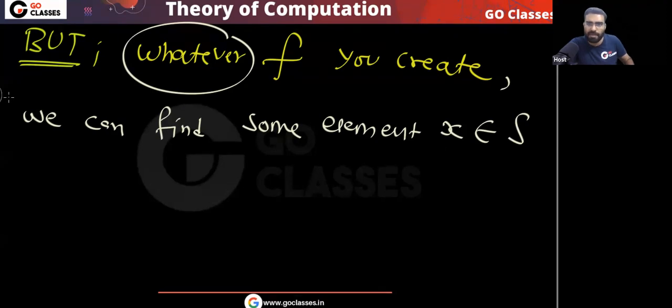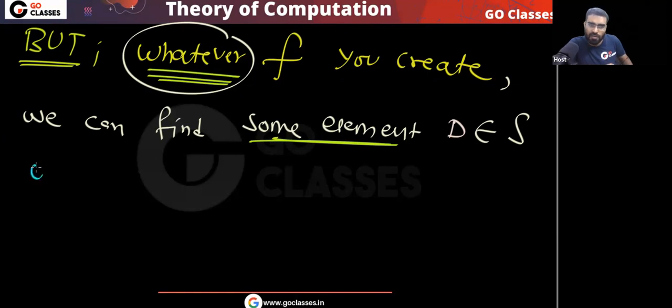We can find some element, let's call it D, belonging to S which is not covered. Yes or no? Whatever F you create, we can find some element D belonging to S which is not covered by F.